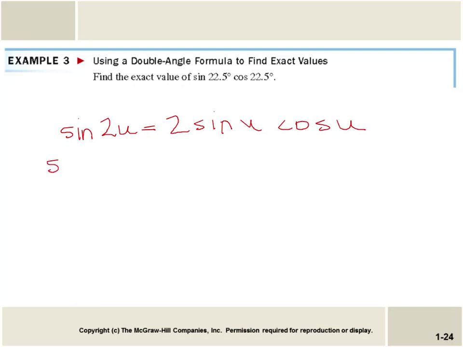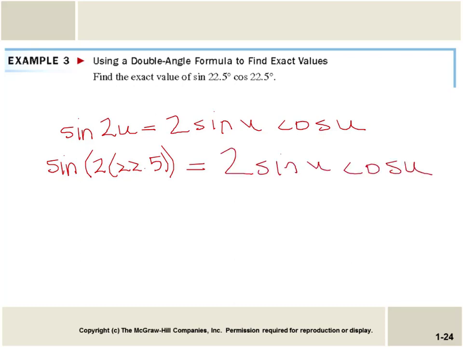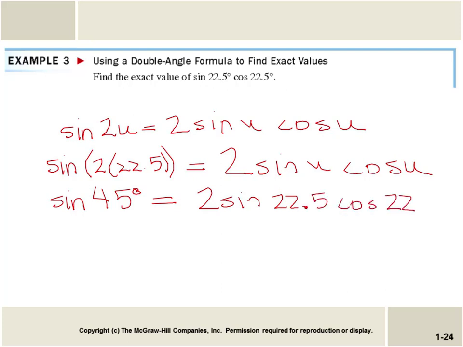Exactly. So we would have the sine of 2 times 22.5 is equal to 2 sine u cosine u, right? So this would be the same as sine of 45 degrees is equal to 2 sine 22.5 cosine of 22.5, right?